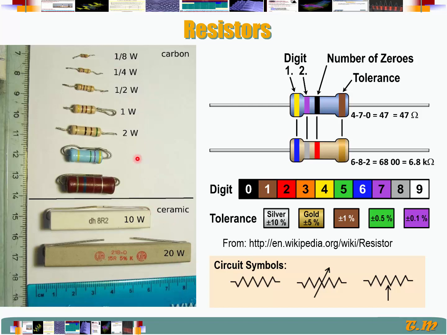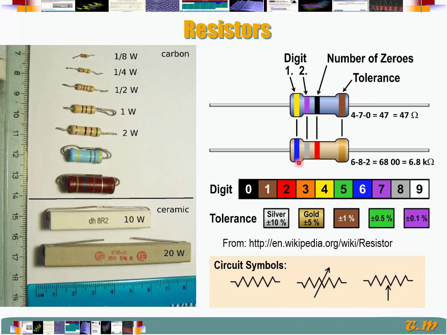For carbon resistors, we use color codes to figure out their value. So in this particular case, the first band tells us the first digit, the second band, the second digit, the third, the number of zeros, and here it tells us the uncertainty in that value, the tolerance.